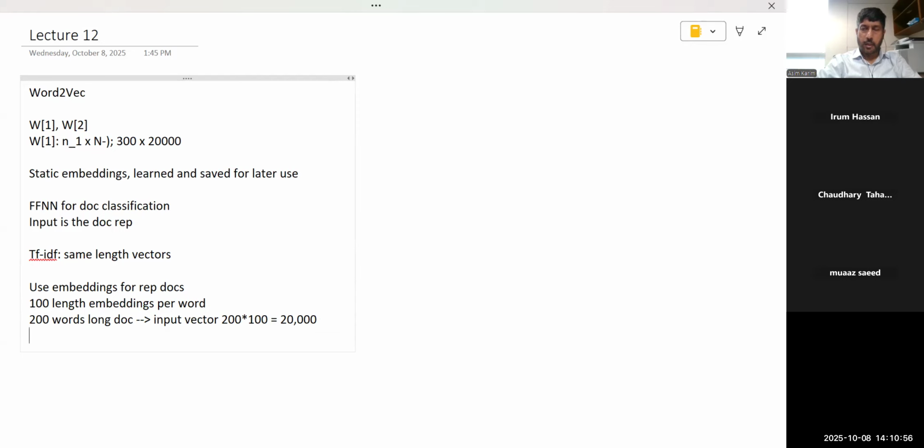But let's say you have an input document of 10 words, then of course you'll have 100 into 10, just 1,000. But neural networks have a fixed number of inputs. So how can you handle this?